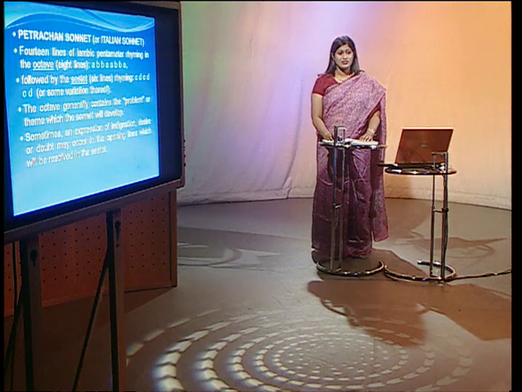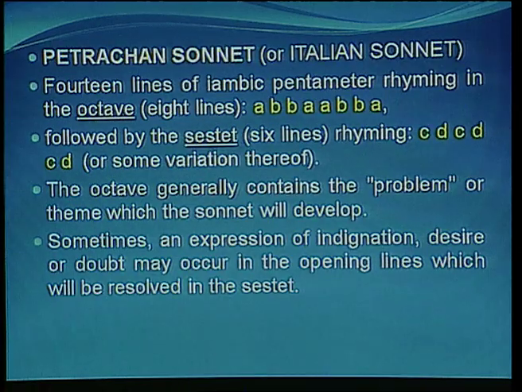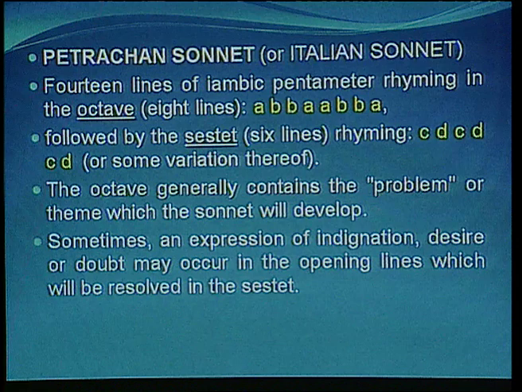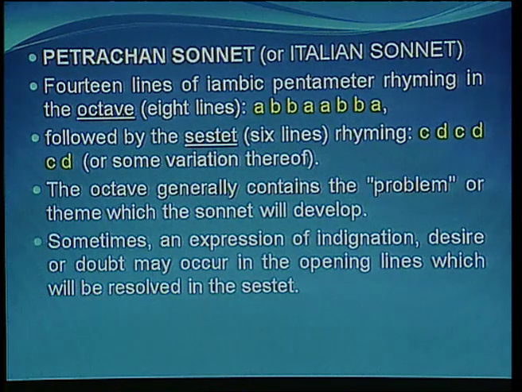A Petrarchan sonnet, on the other hand, is also known as an Italian sonnet. It has 14 lines of iambic pentameter rhyming in an octave, that is 8 lines, A, B, B, A, A, B, B, A. This is followed by a sestet, that is 6 lines, which rhyme in the following way: C, D, C, D, C, D, though there might be some variations.